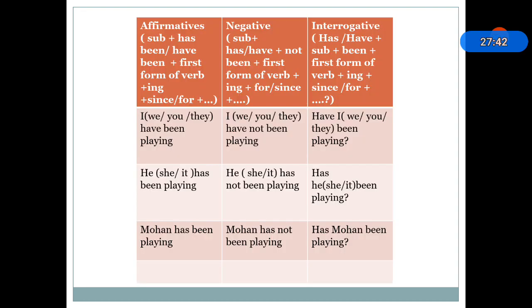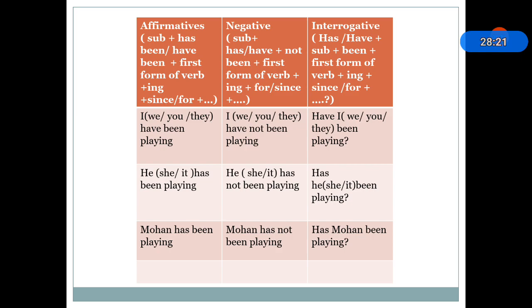Now let's see the three kinds of sentences in this tense, that is affirmative, negative and interrogative. First, affirmative. The rule is subject plus has been or have been plus first form of verb plus ing plus since or for and plus object.